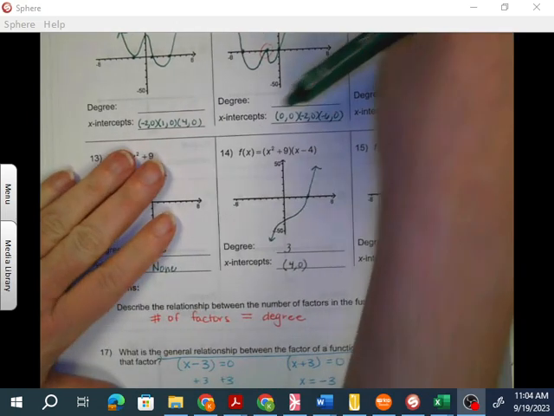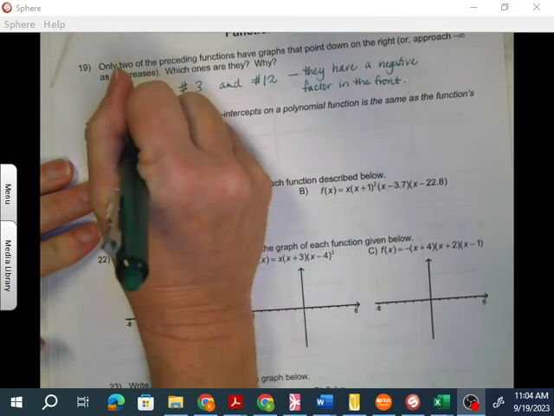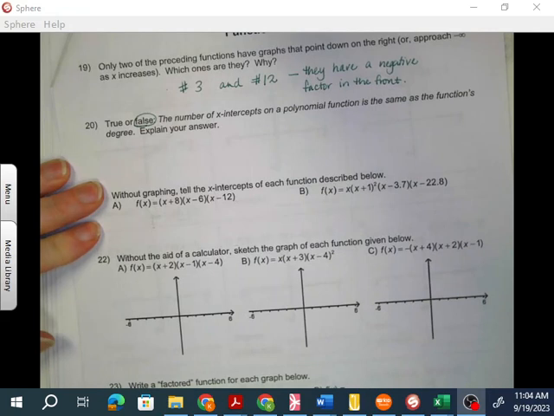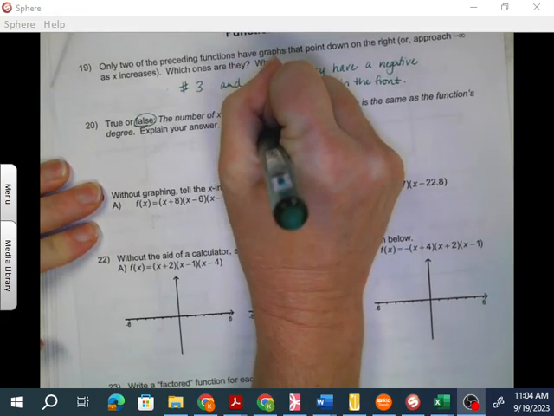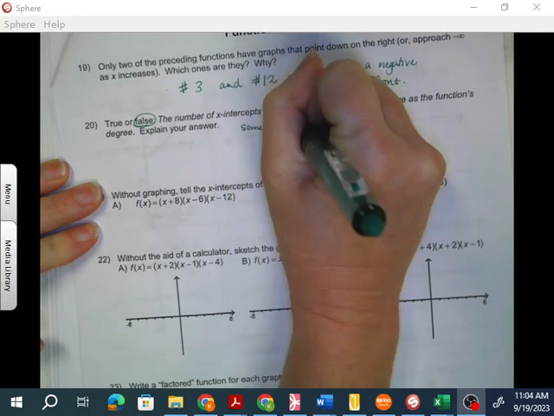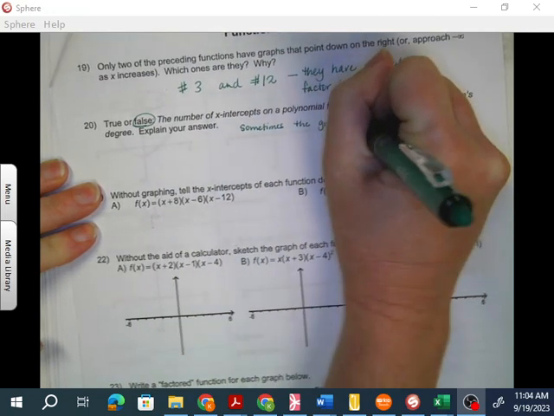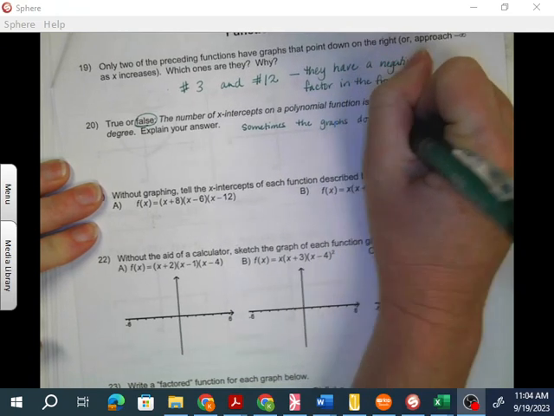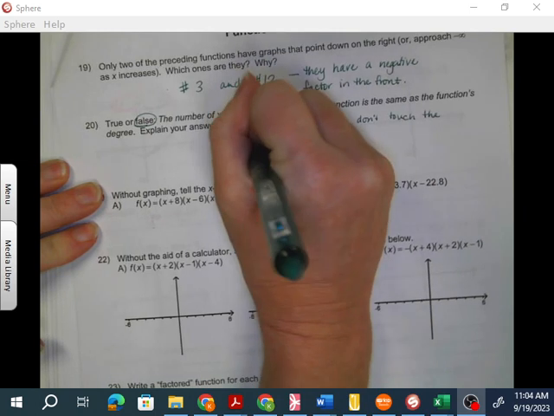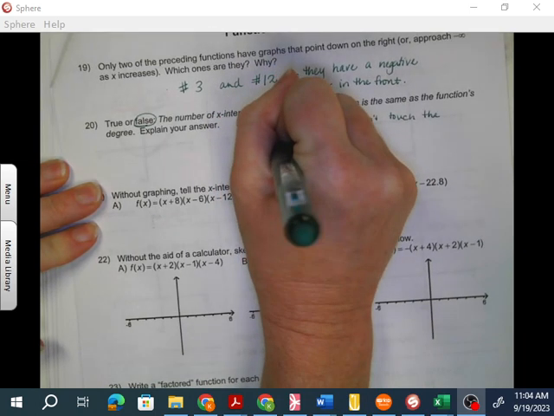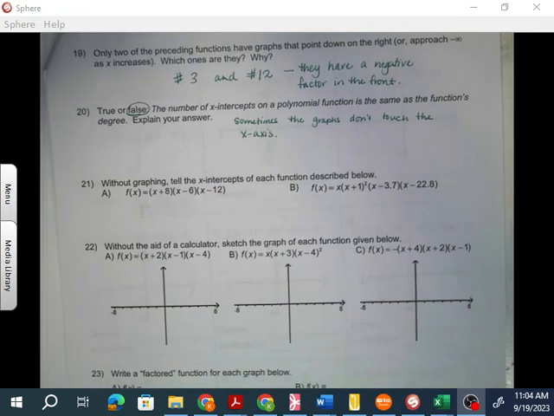So that's false. Sometimes the graphs don't touch the x-axis. And we'll get into why and what that means a little bit later on.